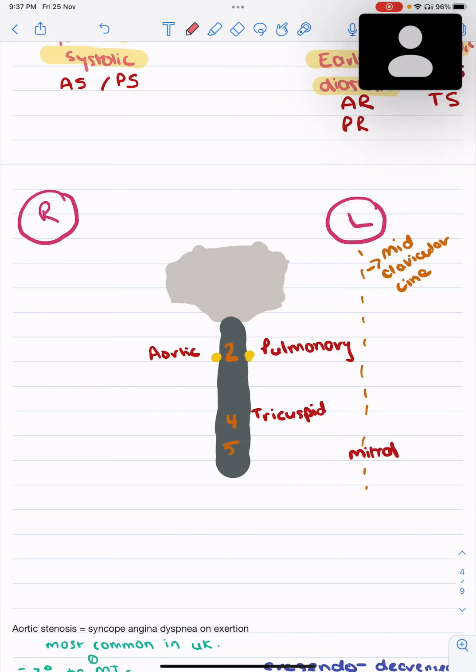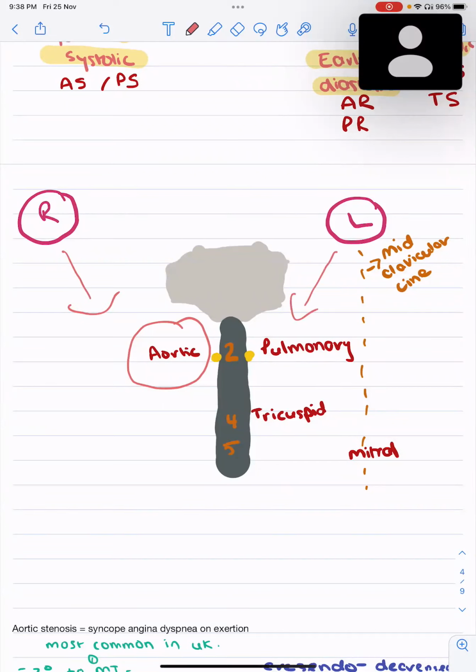If they tell you that you hear this on the right side of the sternum in the second intercostal space, that's aortic. So either you differentiate murmurs based upon the site where they are best heard, or based upon inspiration and expiration. This is the right side and this is the left side.